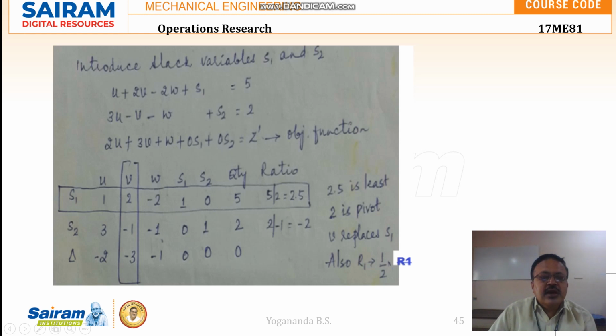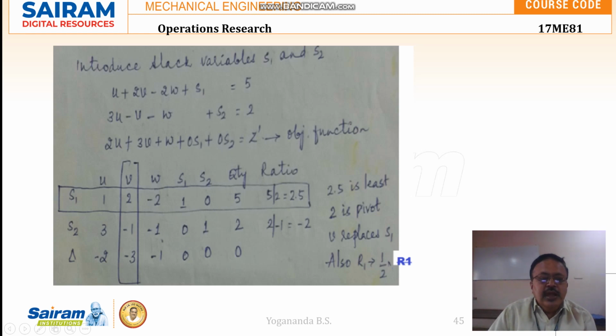Then the first constraint has the coefficients 1, 2 and minus 2. For s1 the coefficient is 1. We don't have s2 in the first equation, so 0, and the solution is 5. Similarly, writing the second row with its coefficients, the solution is 2.